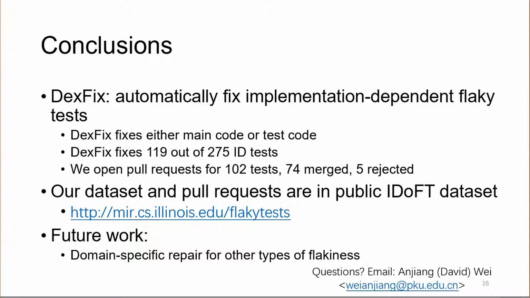Out of all detected ID tests, DexFix proposed fixes for almost 43% of them, and we have opened pull requests for 102 tests with the majority merged. Our dataset and GitHub pull request links are publicly available.